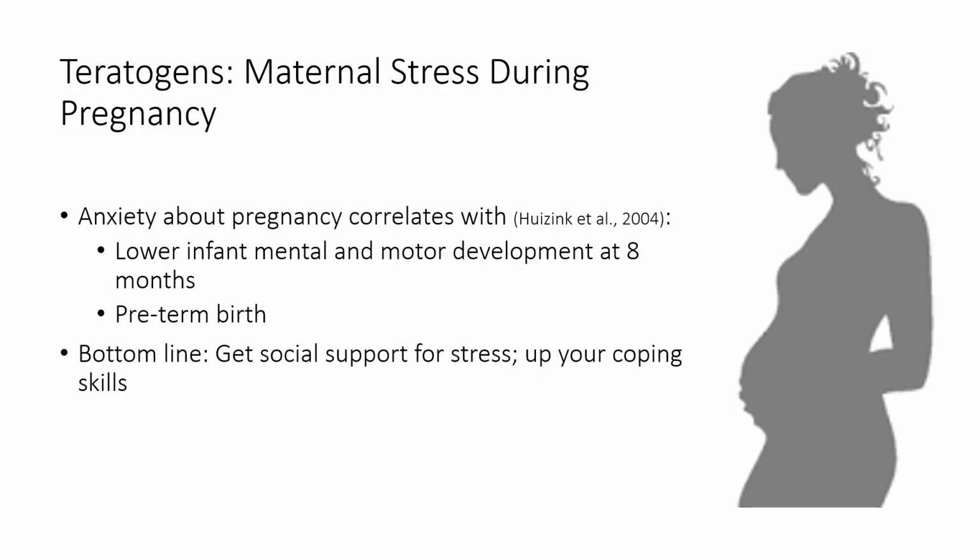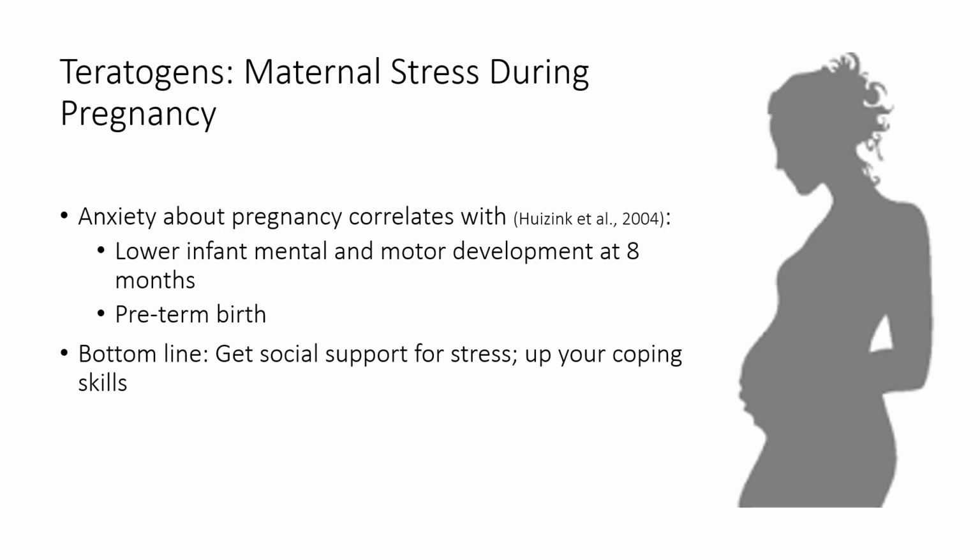And yet, it's not always just severe or moderate to severe stress. It can just be anxiety about pregnancy, which is a distinct syndrome defined as having fears about the health and well-being of one's baby, childbirth, hospital experiences, or being a parent.